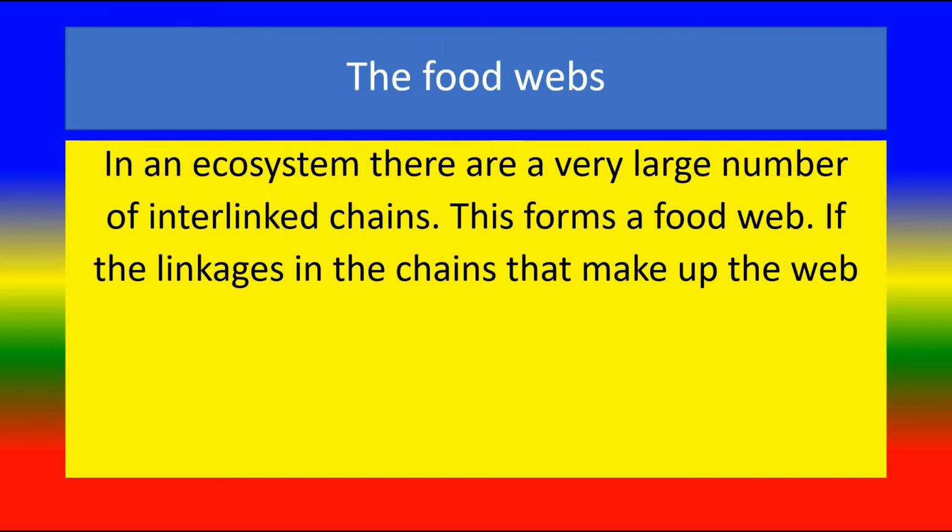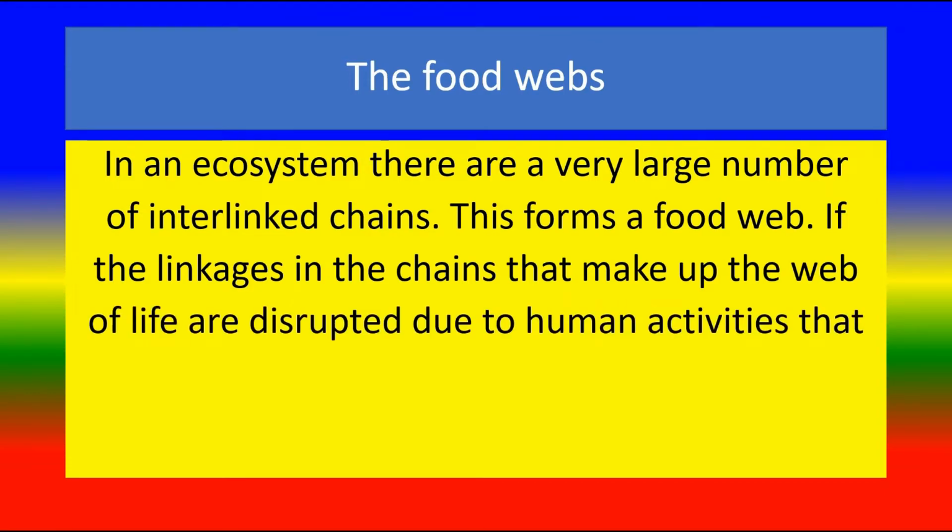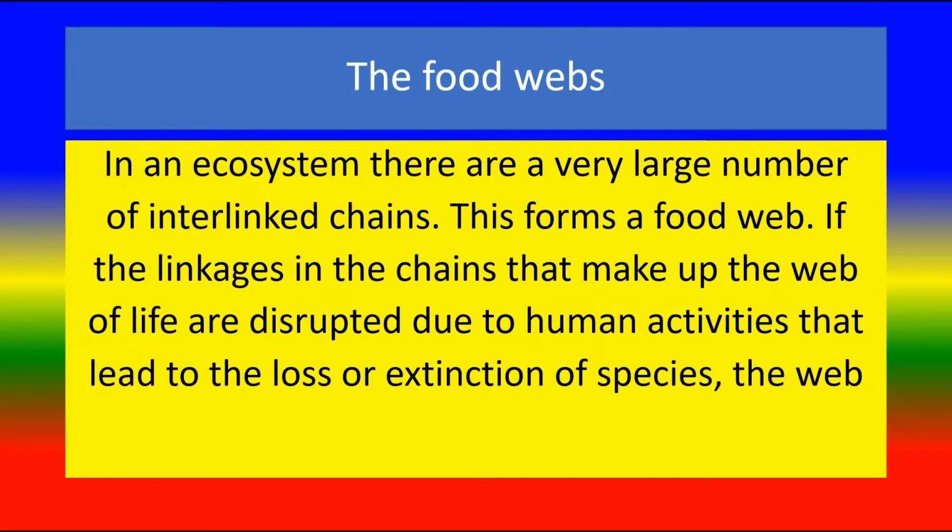If the linkages in the chains that make up the web of life are disrupted due to human activities that lead to the loss or extinction of species, the web breaks down.